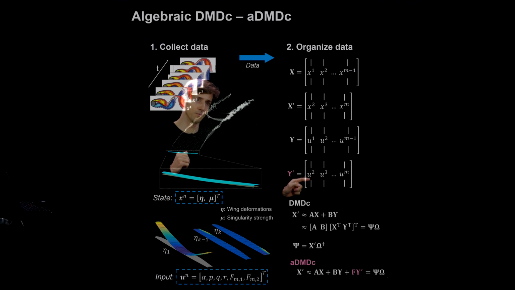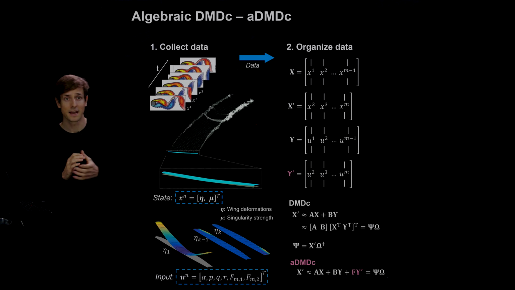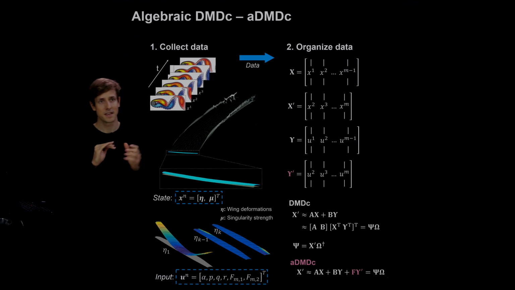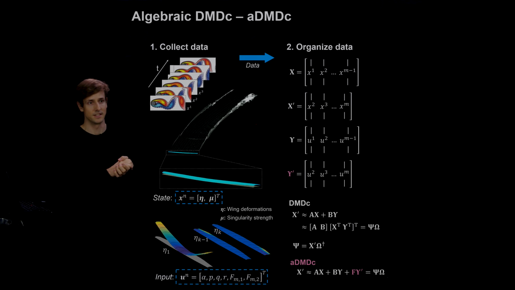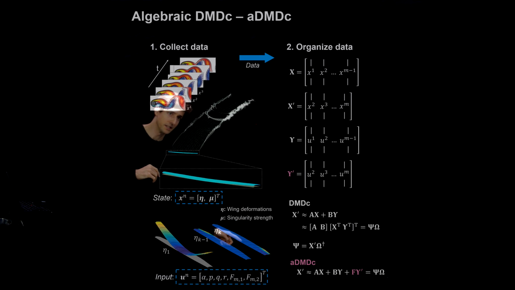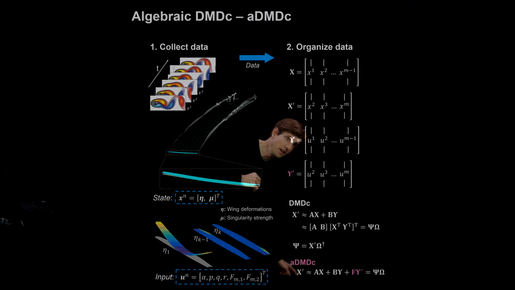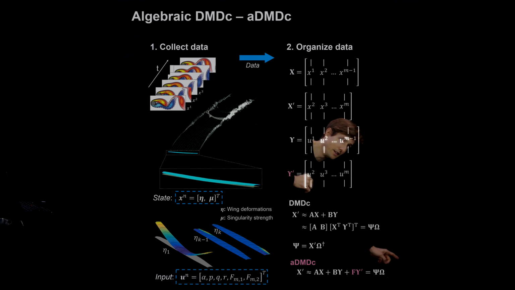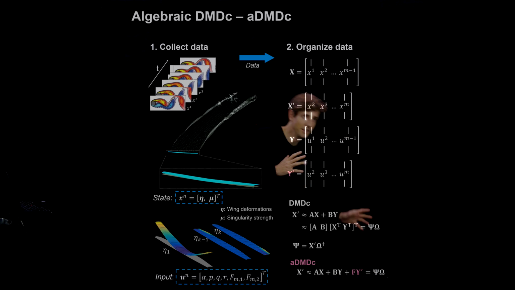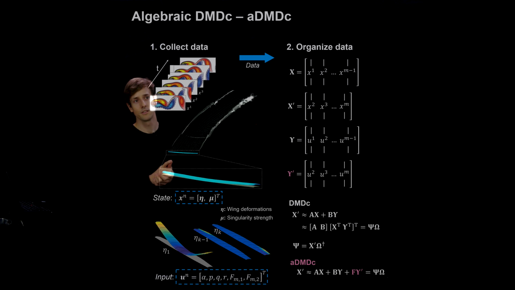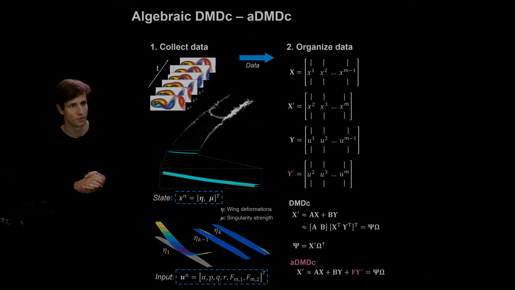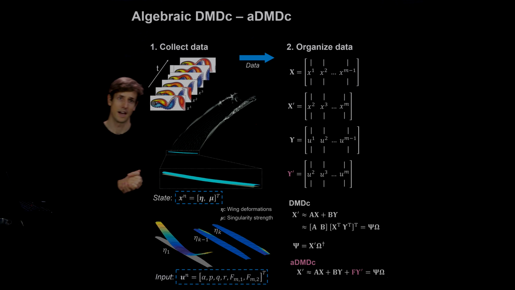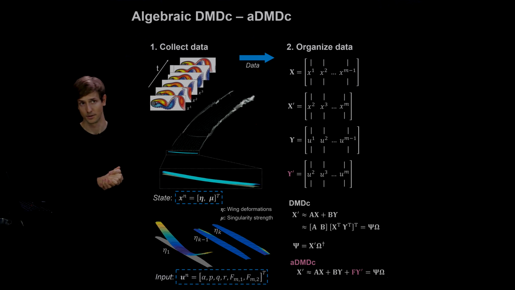So our first column will be the inputs at time step 2, then 3, etc. But apart from that, we can apply exactly the same method like in DMDC. So we reformulate this formula here: X prime equals psi times sigma. We take the pseudo-inverse to solve for psi, and we have our best fit linear model.